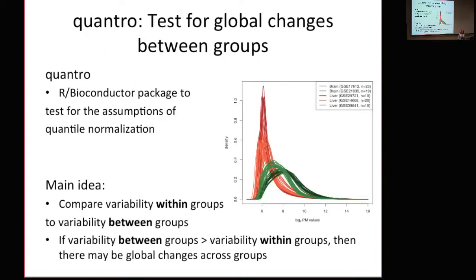And the main idea is you want to compare the variability within groups to the variability between groups. And if that sounds familiar, it is familiar because it's essentially an ANOVA. An ANOVA compares the variability between groups to the variability within groups. But instead of doing it on an observation level, I'm doing it on the distributional level.